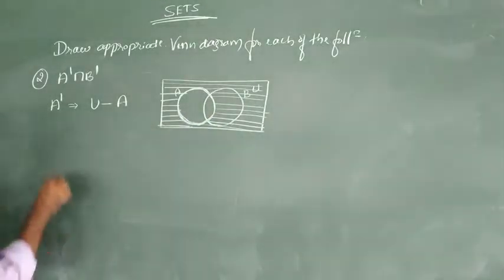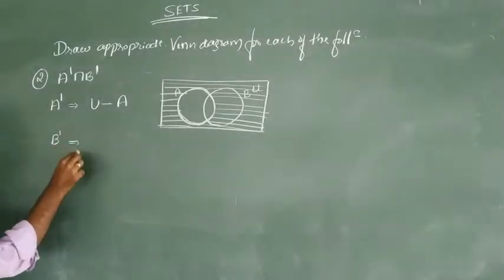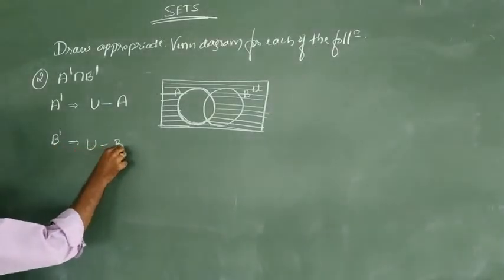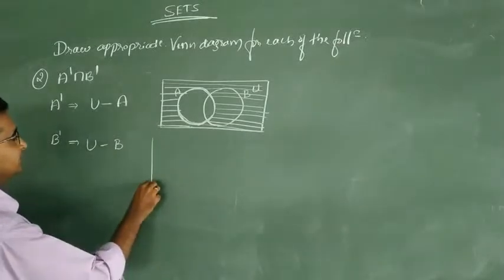A dash. Next is B dash, that is U minus B. So how does this diagram come?